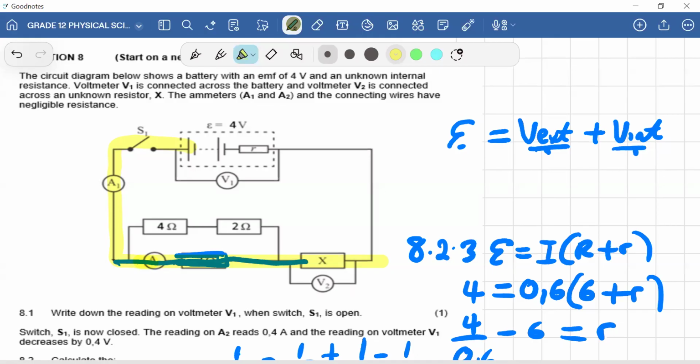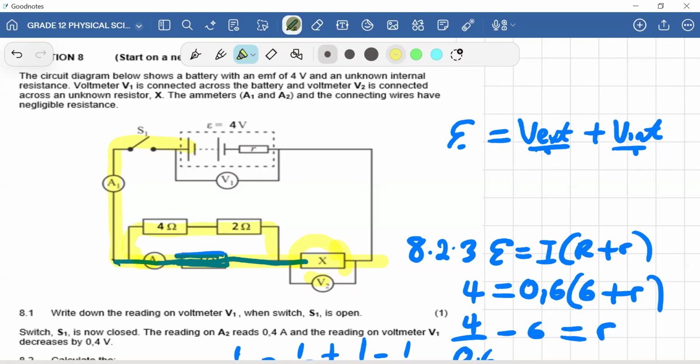So if this part has no resistance or is replaced by a wire which has negligible resistance, then it will like to pass through there. It's not going to travel through these parts.